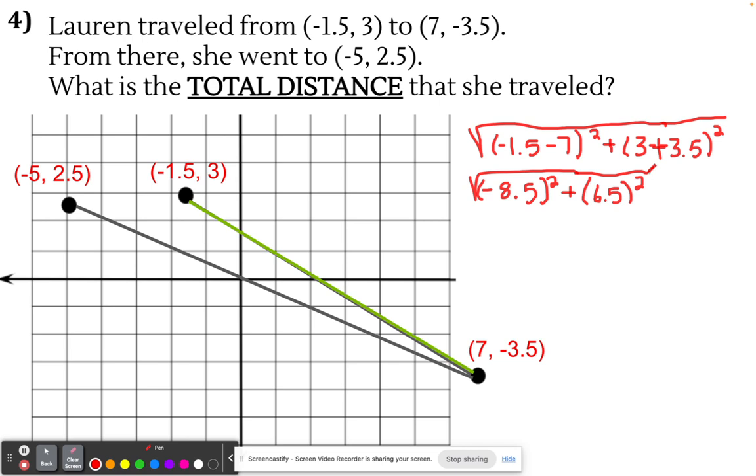Negative 8.5 to the second power, my calculator works better when it's turned on, is 72.25. And 6.5 to the second power is 42.25.